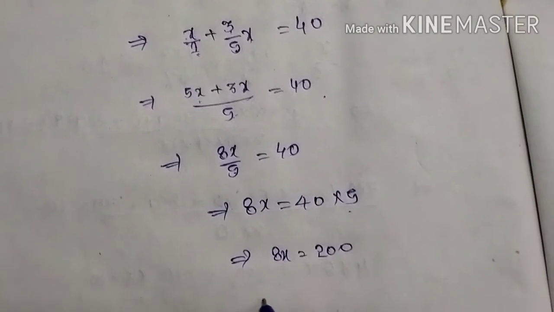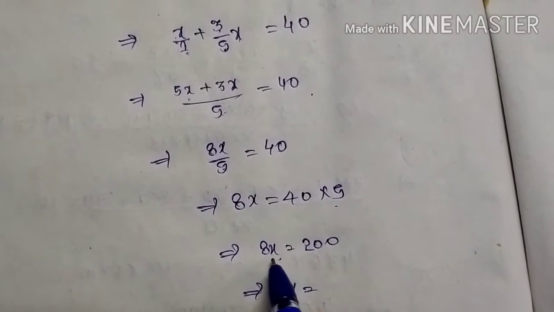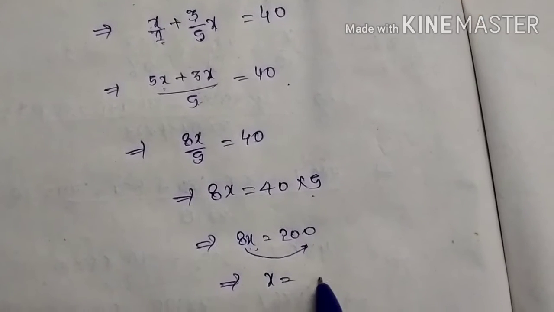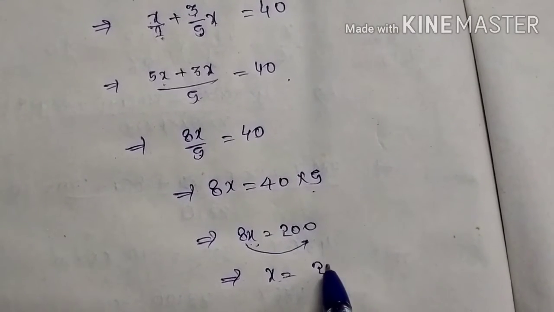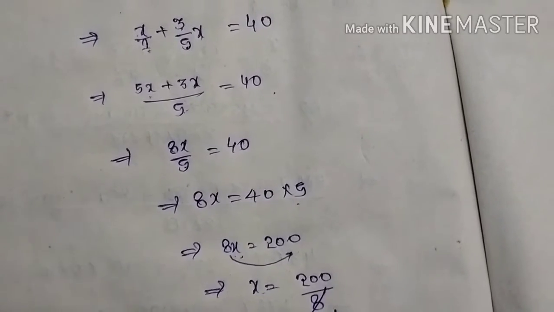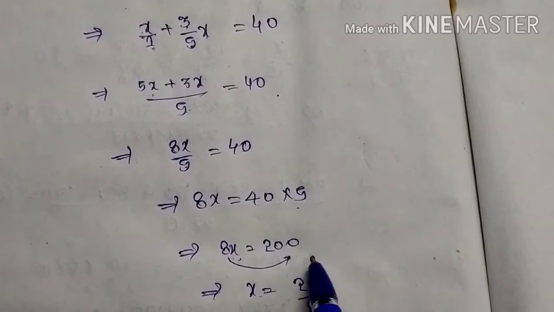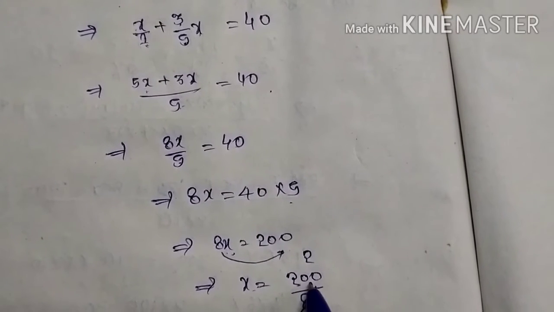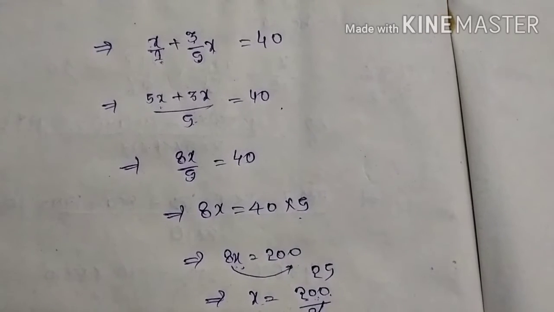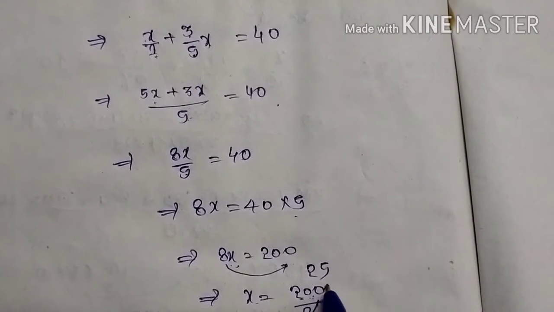Next step, we need to find only x, the number of boys, so transpose 8 to the RHS and it becomes division. That means x is equal to 200 by 8. Is there any possibility of simplification? 8 2s are 16, remainder 40, and 8 5s are 40.